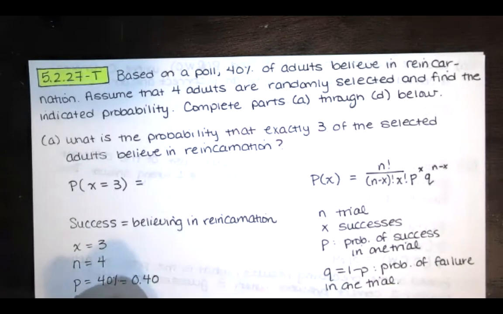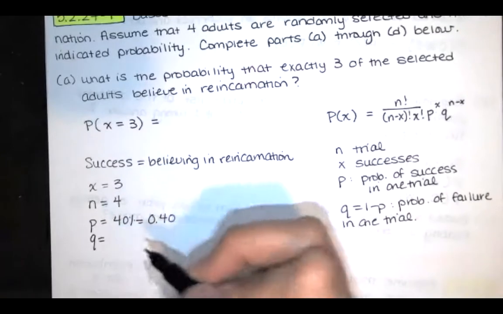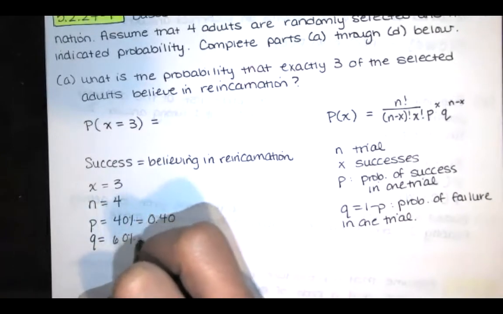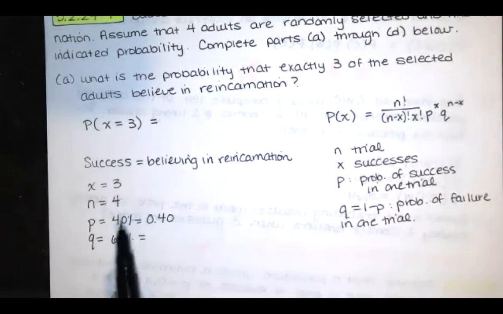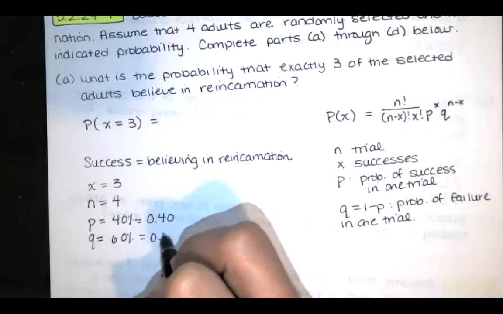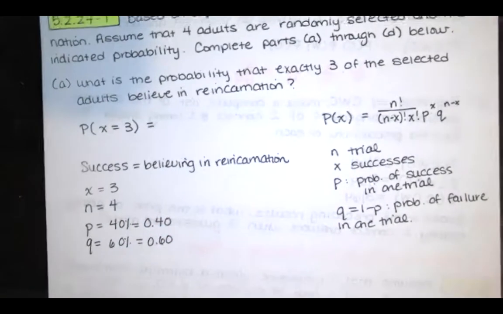You have 0.4 there. And if you have a 40% chance of success in one trial, you've got a 60% chance of failure in one trial. Or alternatively, if you have a 40% chance of finding someone who believes in reincarnation, you have a 60% chance of finding someone who doesn't believe in reincarnation.